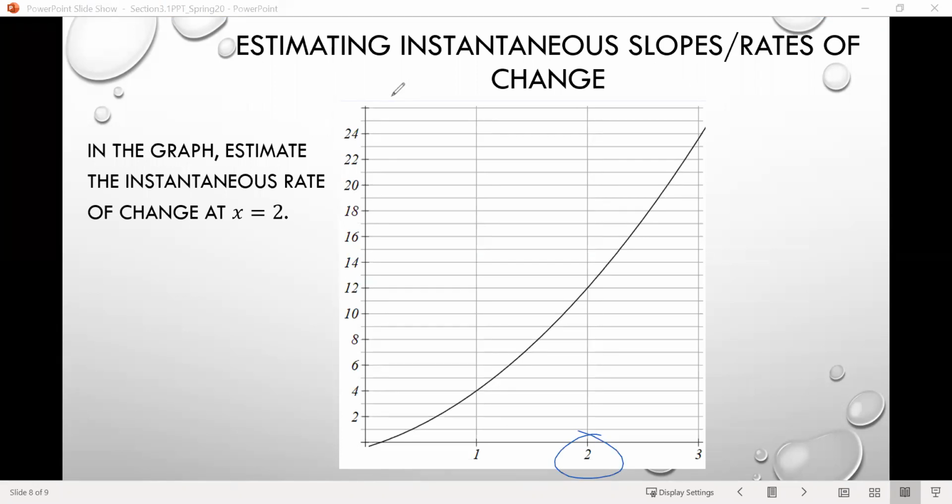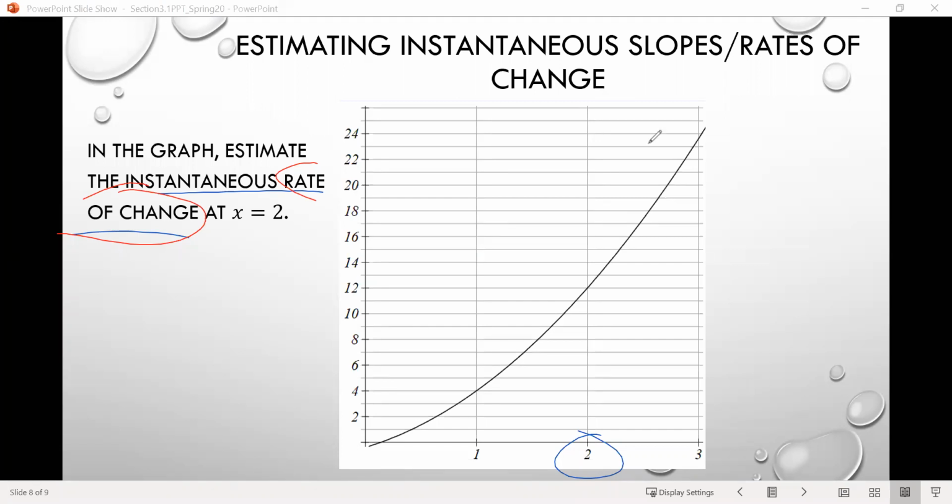Well, when we talk about instantaneous rate of change, what are they referring to? And I'll highlight even more that term, rate of change. What does that make us think of? Oh, right, the slope. They want us to estimate the slope at that point, which, to estimate the slope, what could we use? Oh yeah, a tangent line, right?